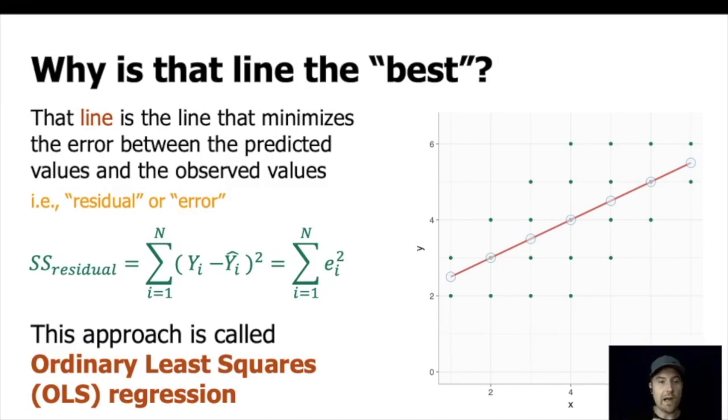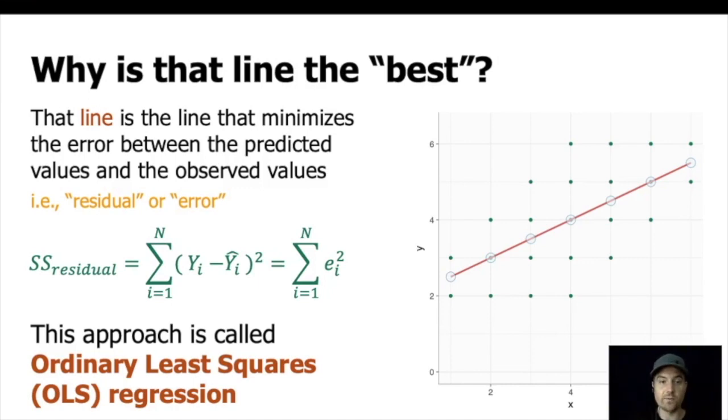So that first y value, the one without a hat on top of it, is the observed value. That's what's actually observed, what happened to that person. So if we're talking about the person that scored a 4 on X and scored a 3 on Y, their score for the Y would be 3 for that person.